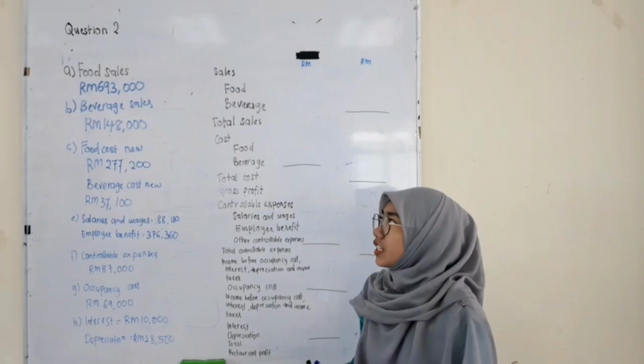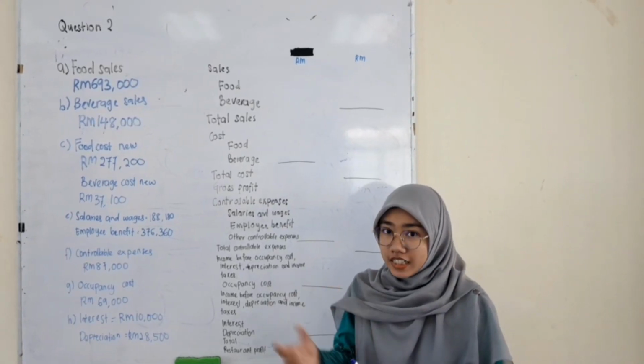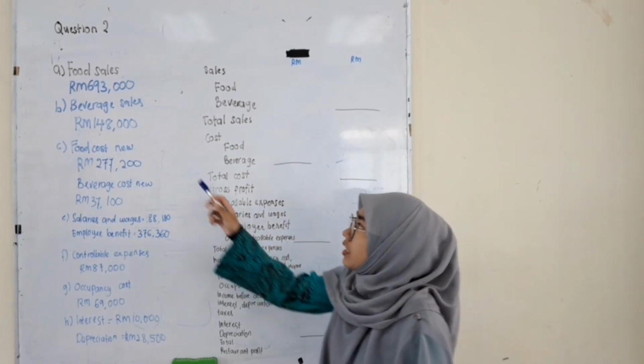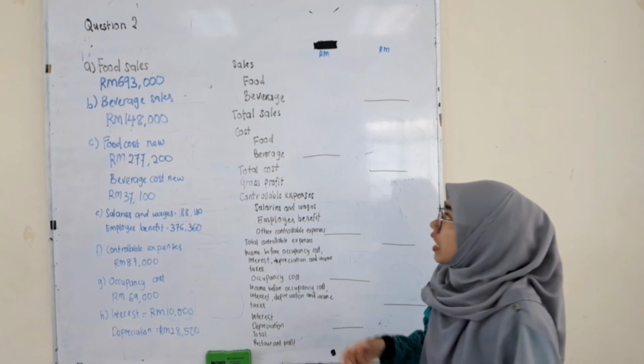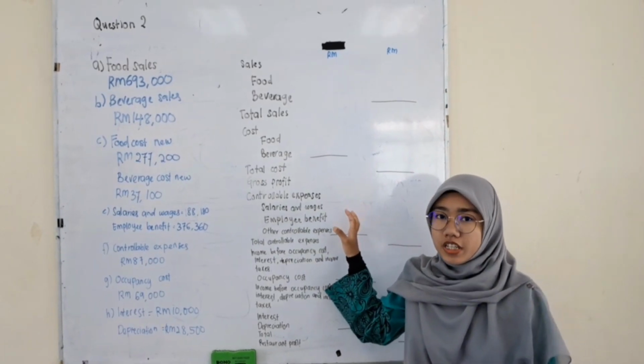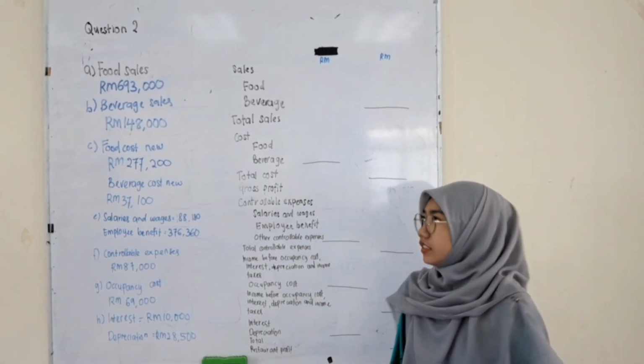Thank you. That we calculated before this, so we get the changes for the Alexandra restaurant. So now we can fill the operating budget for the upcoming year.